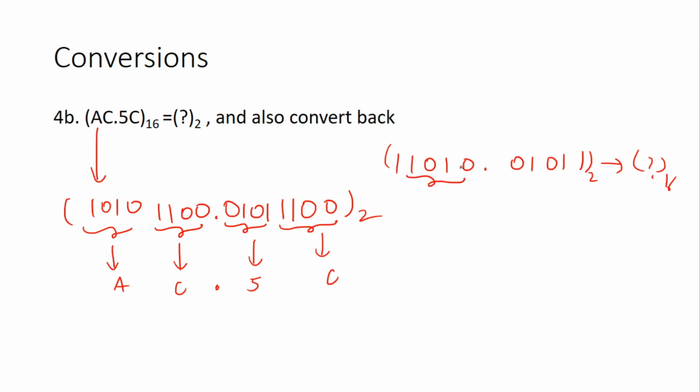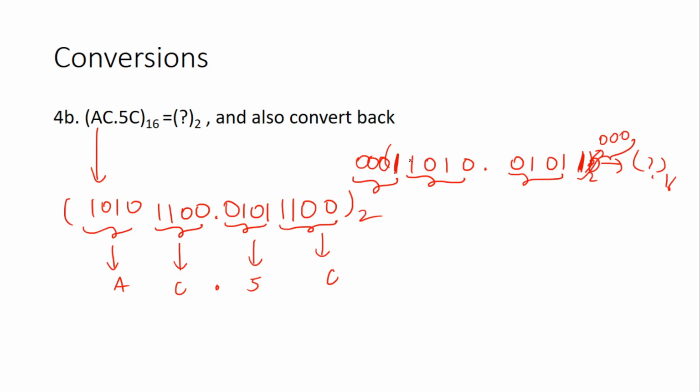So 1 0 1 0 1 is one group, but now we don't have enough digits. We need extra 3 digits to make groups of 4. So we're going to append 3 zeros and make one group here. Similarly, for this part, we're going to make one group 0101, and for this one we're just going to add extra 3, so that would be 10000.